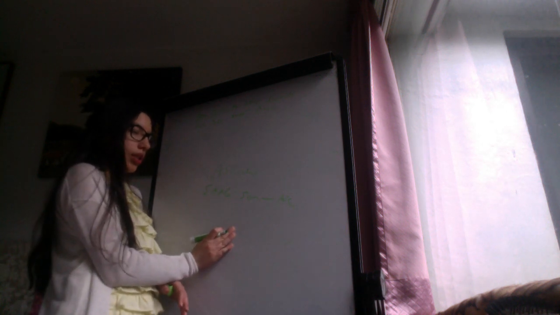So the ascites diagnosis or analysis is with the serum ascites albumin gradient. We take the albumin concentration of the serum, and we subtract the albumin concentration in the ascites fluid. So we will take paracentesis. We need to take paracentesis in every new ascites.